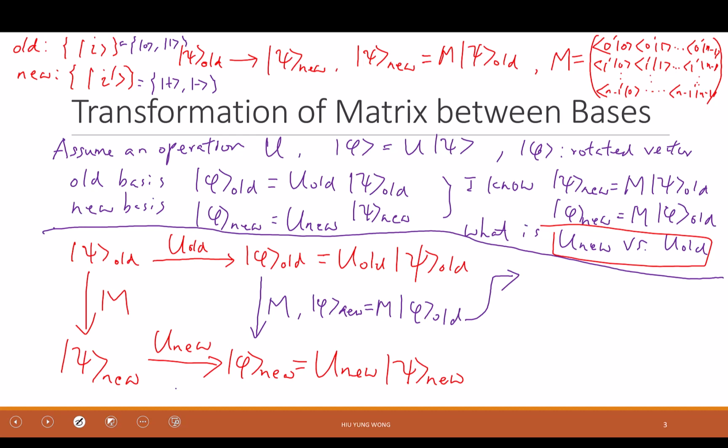We already know phi new is equal to, as I show here, U new times psi new. I'm just saying that this is phi new, right? Phi new equals U new times psi new. And we also have M. I just copy M. M is here. And then what is phi O? Phi O, I already know that it is U O times psi O, right?